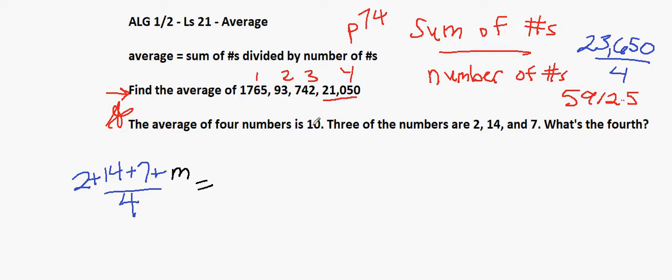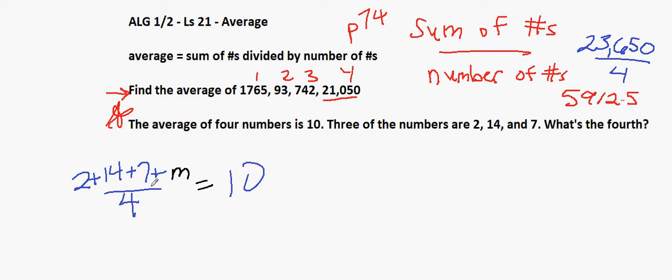We know that the average is 10. So all we have left is a missing number problem that's a little more complicated than the ones we're used to. The sum of the numbers has to equal whatever would be divided by 4 to be 10. What number, when all put together, will be 10 after being divided by 4?